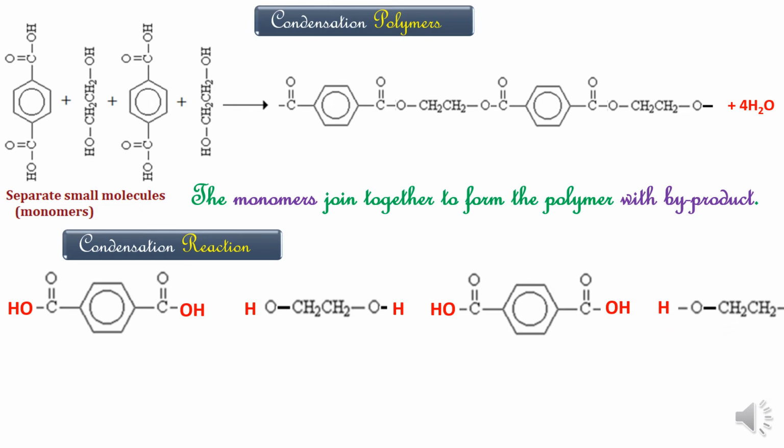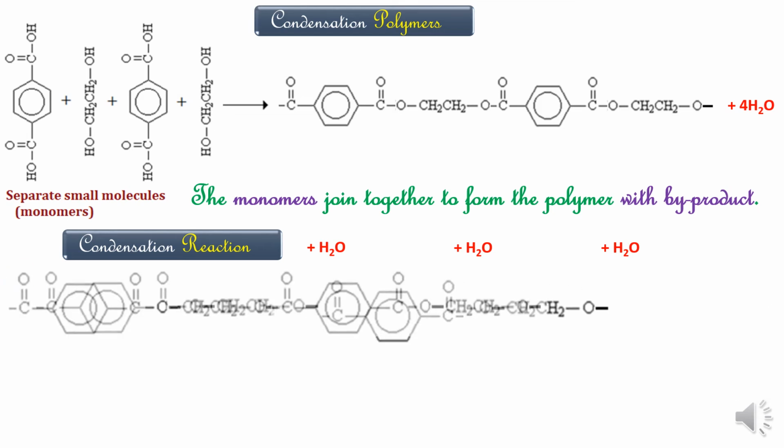All the dicarboxylic acid will lose OH, and all the diol will lose hydrogen H. And let's see, they make water after they're lost, and then they join together because they have empty bonds. This is the big one, a condensation polymer, and water forms there as a byproduct.